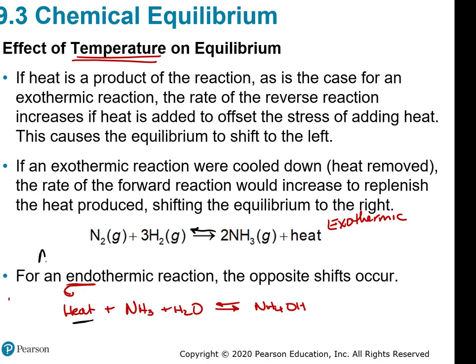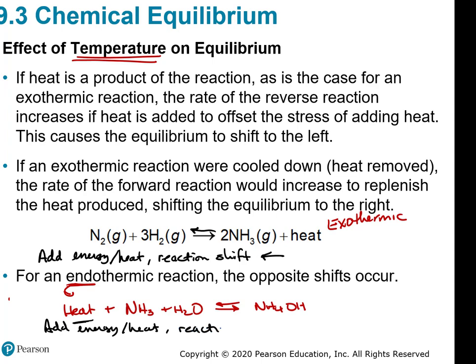So up here, if I add energy or heat, then the reaction would shift away from what I added and it would end up shifting to the left. For the bottom one, if I add energy or heat, then the reaction is going to shift away from the reactant side, so it'll shift to the right, towards the product.